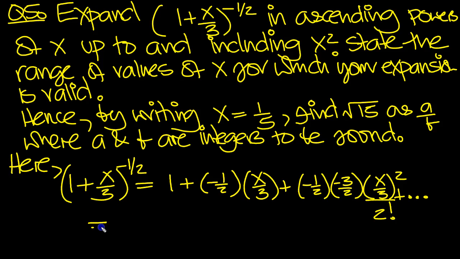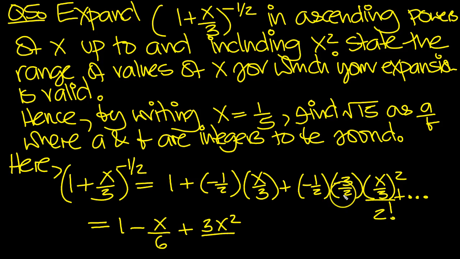So this is equal to 1 minus, when we tidy this up, x over 2 threes is 6. Then we've got a minus times a minus, which is a plus. We've got 1 times 3 is 3 on top, with an x squared on top.